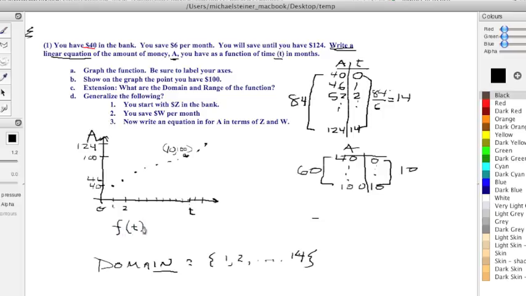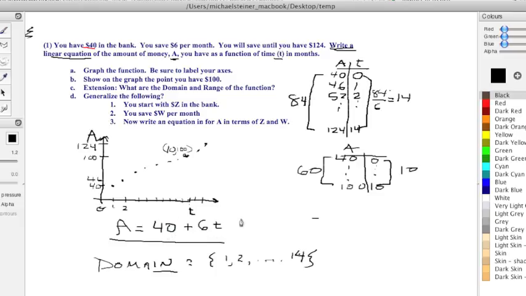This is A, a function of time. I'll write it as A. A is equal to, well, we start with $40. Every period we go up 6. So this function right here describes this table of values. I hope that's intuitive.